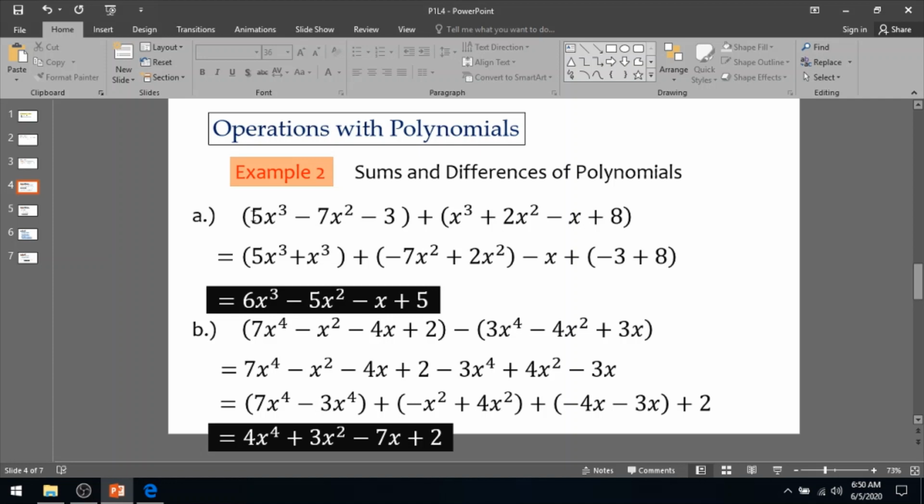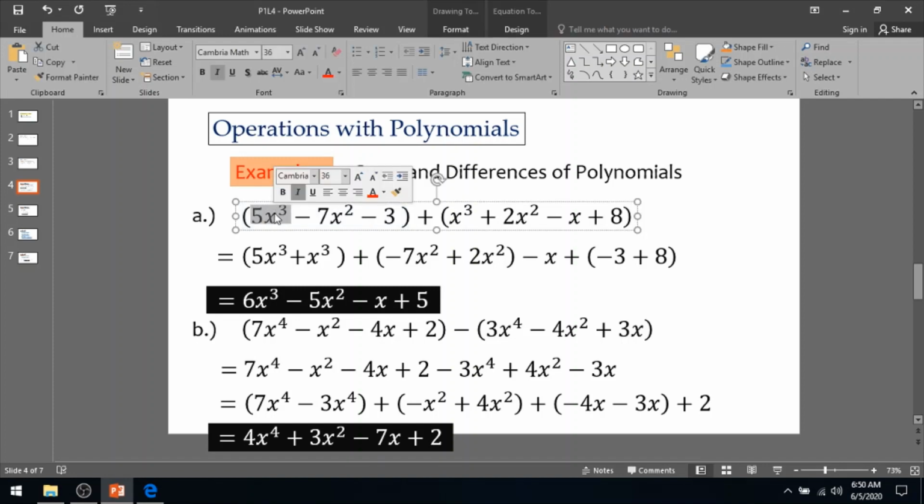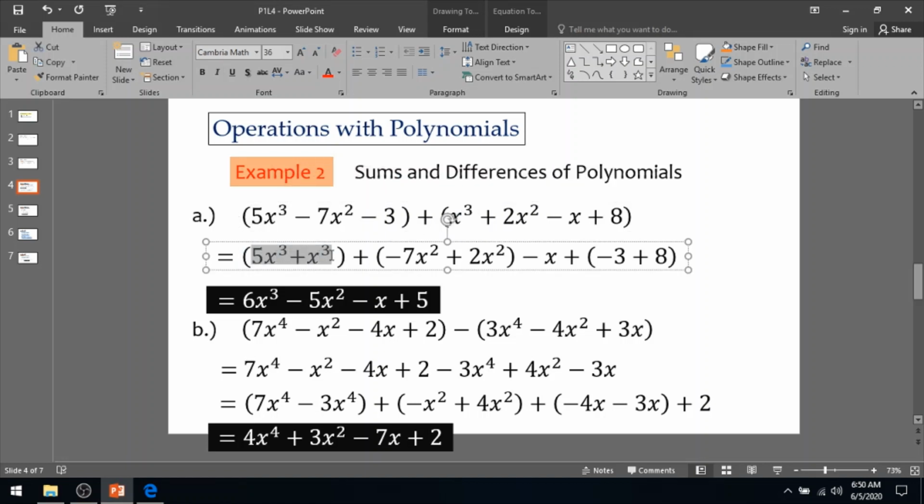Now, from the first polynomial, so 5x cubed, mangita ta sa second polynomial ug x cubed pod, so 5x cubed plus x cubed. Next is negative 7x squared, the second term of the first polynomial. Negative 7x squared, kung sa may like term niya, that is positive 2x squared.